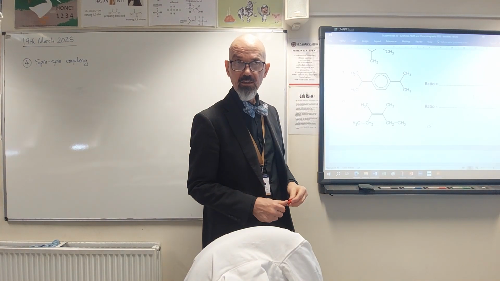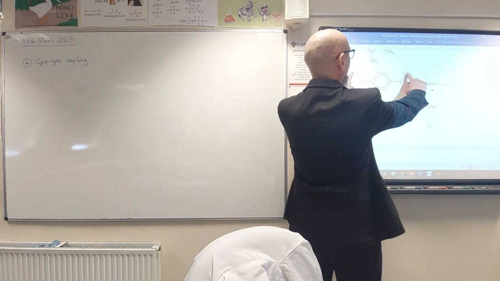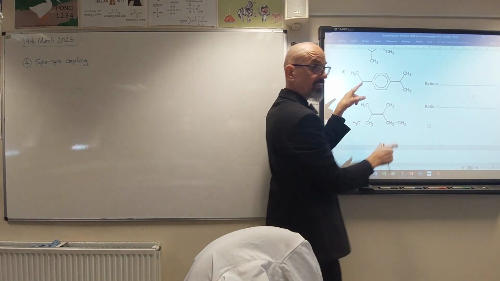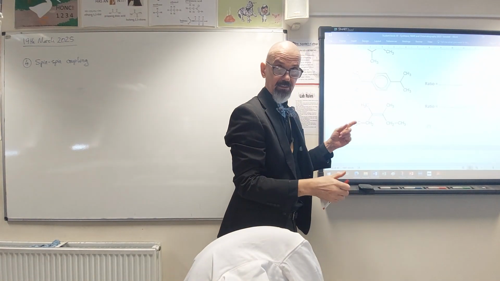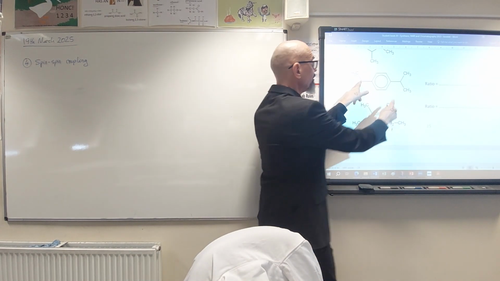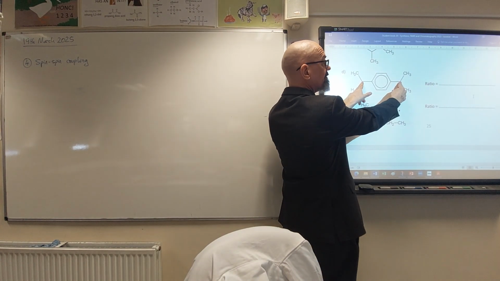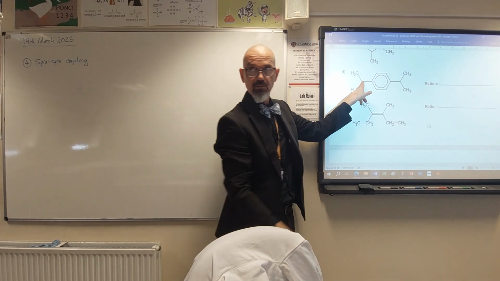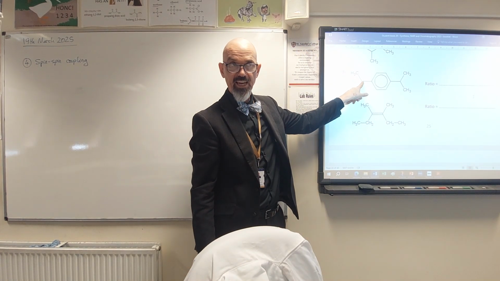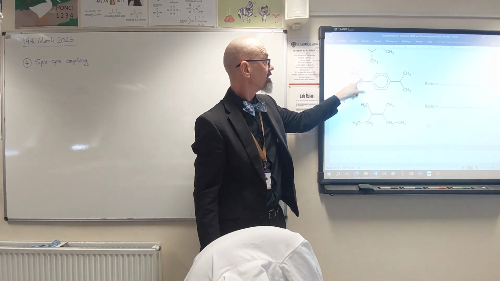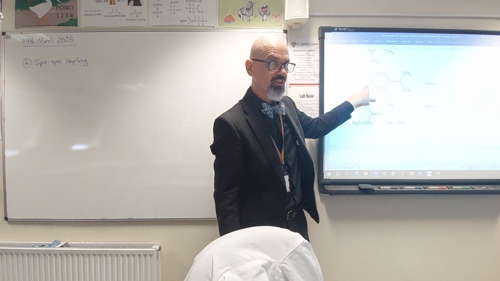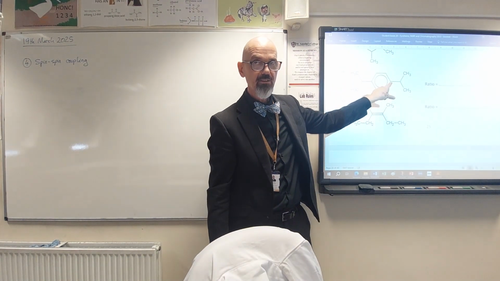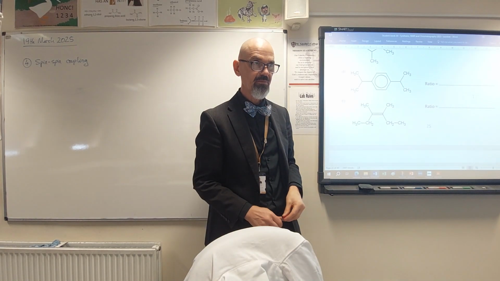We've got 12 here. And then we've got 2 here. Don't forget them. And then these 4 are all the same. So we've got 12 to 2 to 4, makes 6 to 1 to 2.